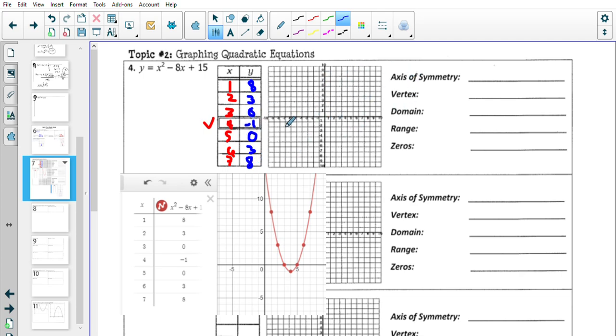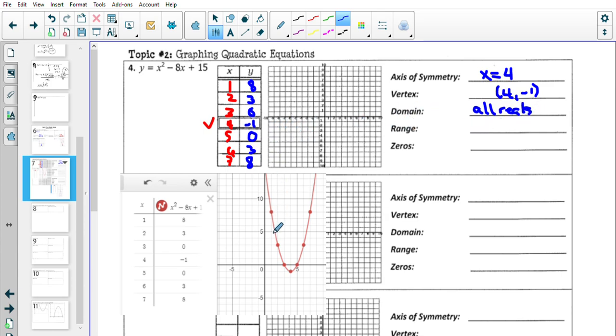The vertex we already know at 4, negative 1, and the axis of symmetry we know is x equals 4. The domain, we should all know what that is. That's all real numbers, okay, or all reals, any way that you want to write it.